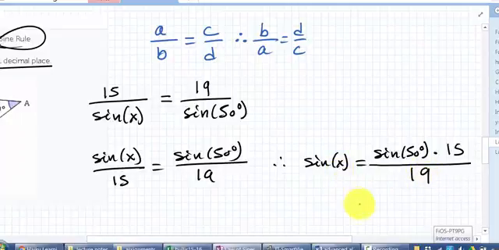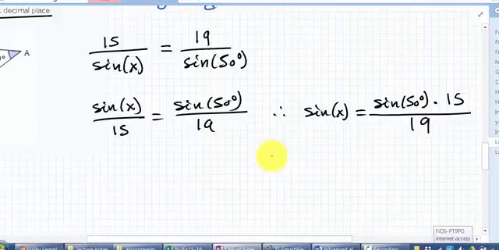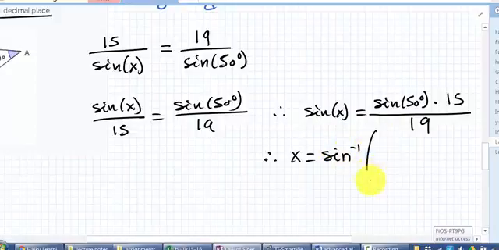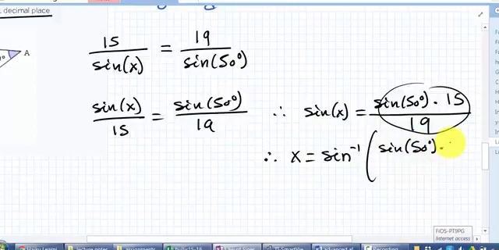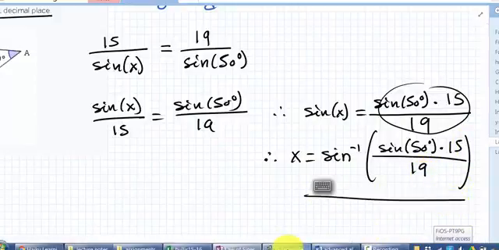Now be careful, I need to find x right here, right? And so you know what we're going to do. We're going to do x equals sine minus 1 on the calculator of this value right here, so sine of 50 degrees times 15 over 19. All right, what is this value? You take your calculator, of course.